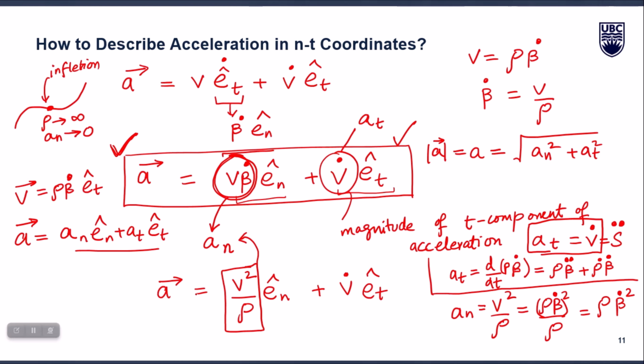Finally we can write acceleration as some quantity times e sub n plus another quantity times e sub t. Those two quantities are the magnitudes of a sub n and a sub t, the normal and tangential components of acceleration. And the magnitude of total acceleration will simply be the square root of a sub n squared plus a sub t squared, right?